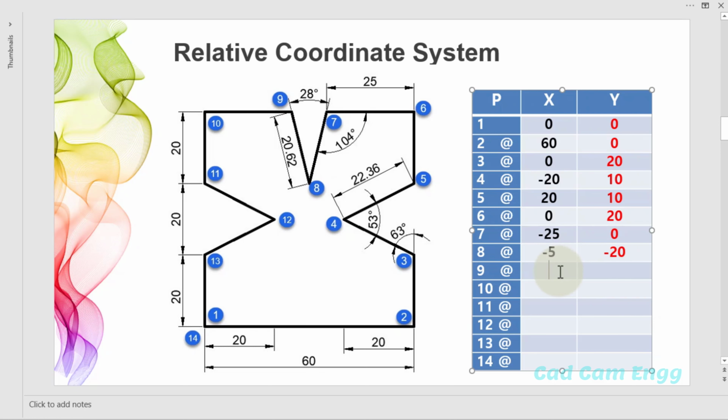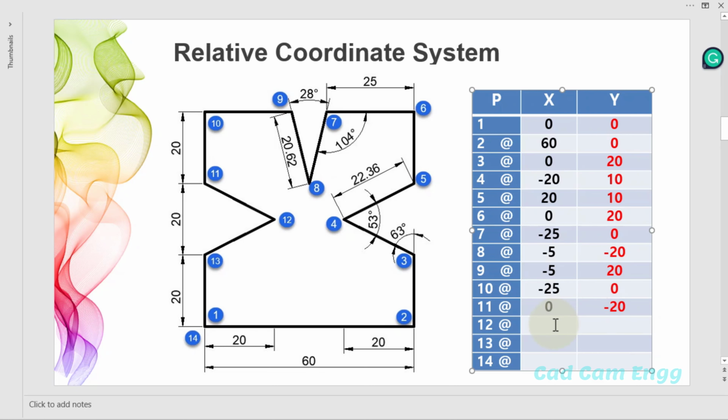Then point number 9. Same, we want to give both x and y values because it is an inclined line. So x-axis is the same, minus 5, and y-axis is 20 in plus sign. Next, point number 10. You know this very well because this is horizontal only. The total length is 25, so I give minus 25 and y-axis 0. Point number 11: x-axis is 0, y-axis is minus 20.